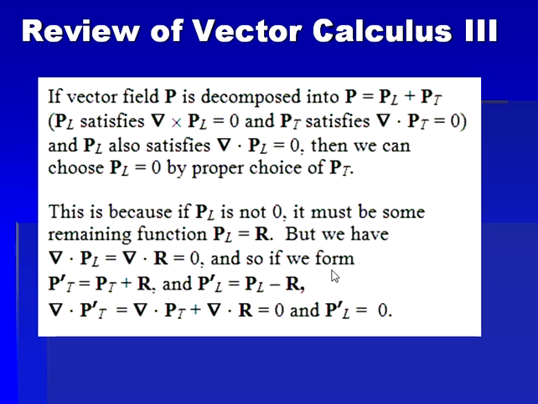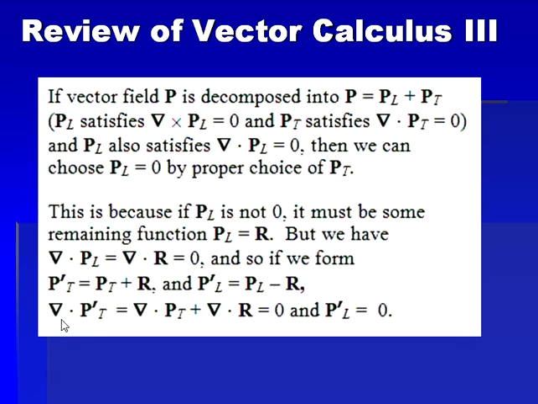And so from this fact, we can form a new transverse component, p prime sub t, which is equal to our old transverse component, p sub t, plus the new vector r. And we can form a new longitudinal component, p prime sub l, which is equal to our old longitudinal component, p sub l, minus that vector r.